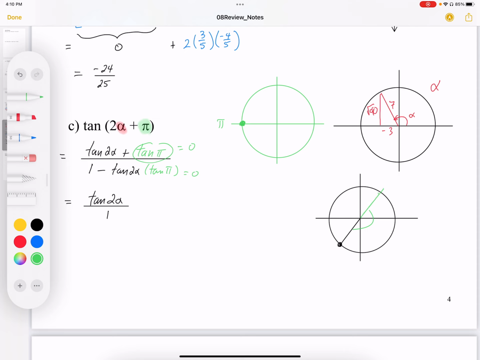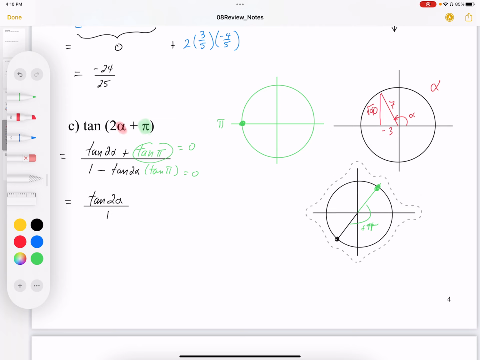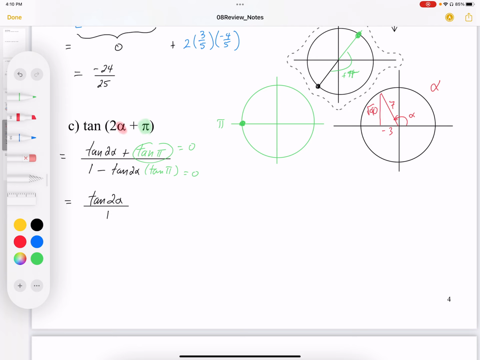So the tan of the plus pi position is going to have the exact same tan as the original position. So this is why when I apply the identity, I end up back at 2 alpha. If you can justify that geometrically, that would be perfectly fine, although we don't need to anymore because we can just use our identity to justify this.